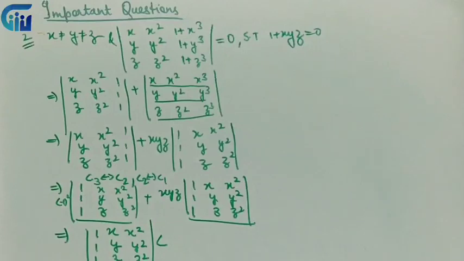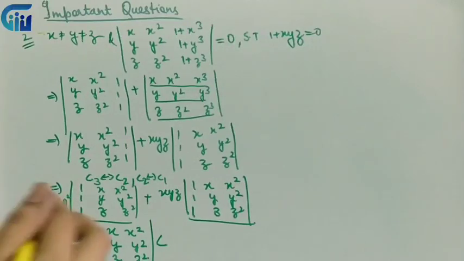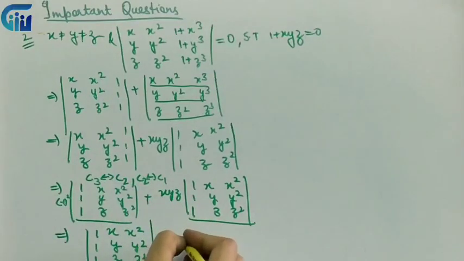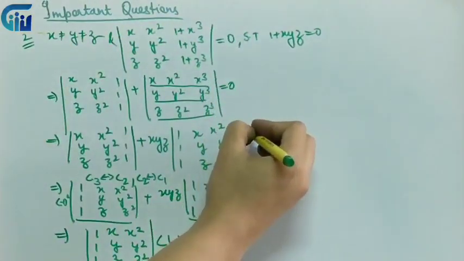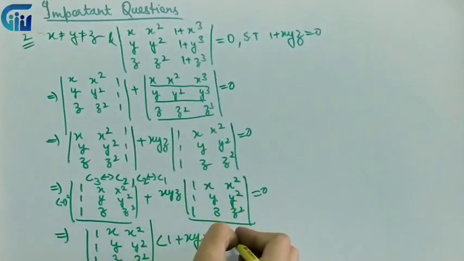If I observe the first place, what will be left over here? 1, and for the second place, it will be x, y, z. And all of this is equal to 0. So this whole thing is equal to 0.